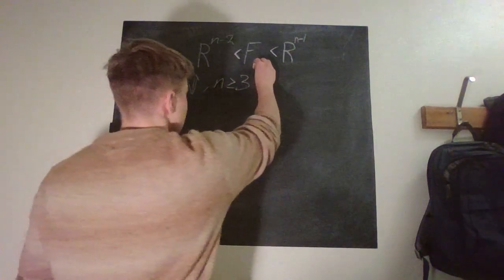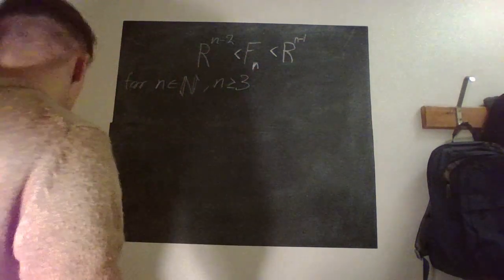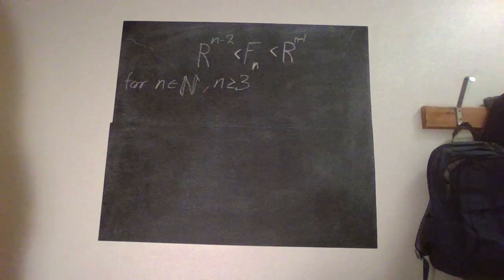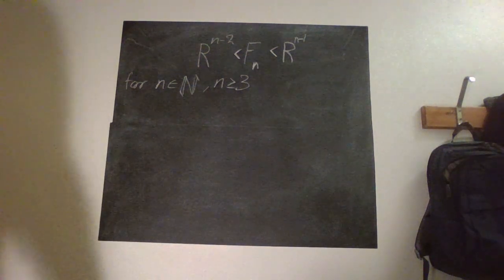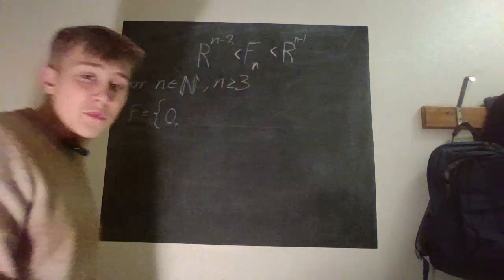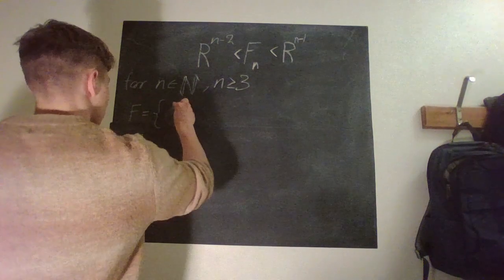of the index n, and the Fibonacci sequence we're using here is the one that starts with... no, I'm sorry, not the one that starts with 0, the one that starts with 1.